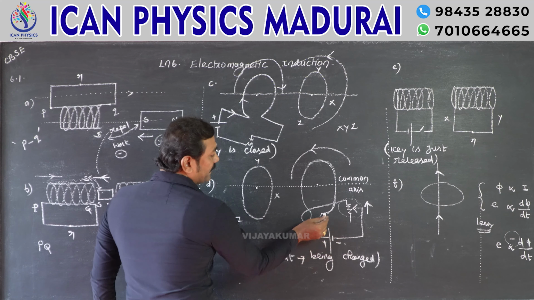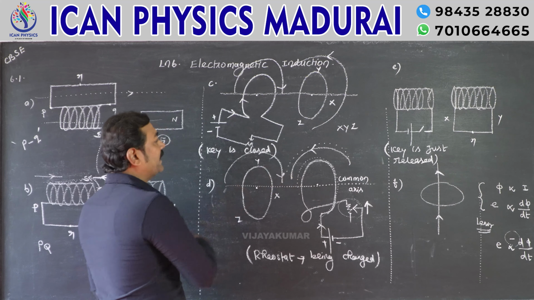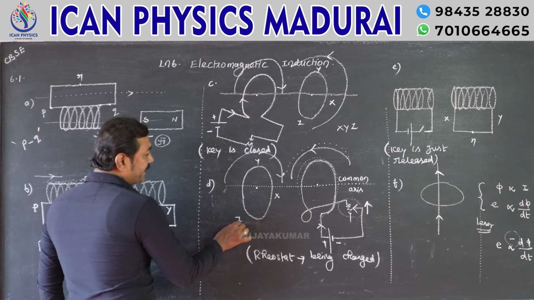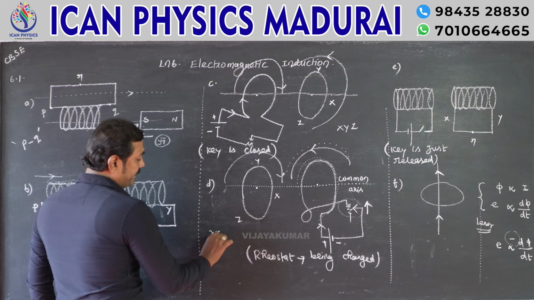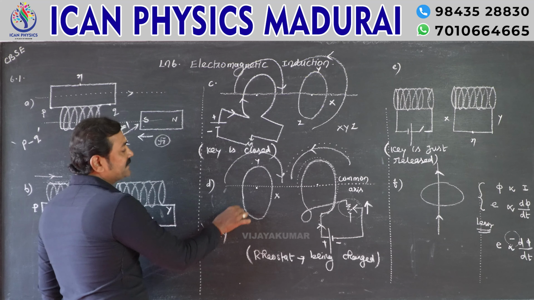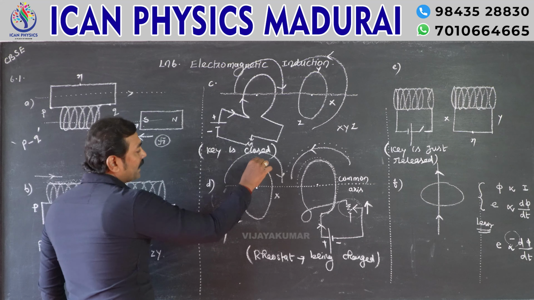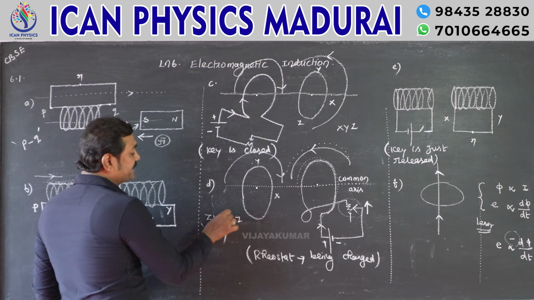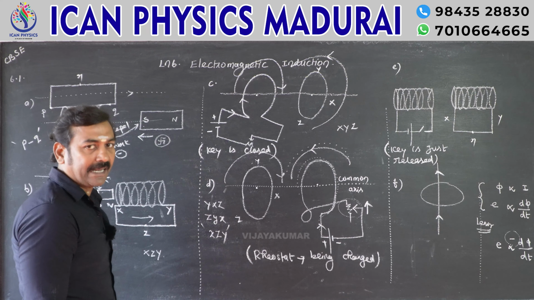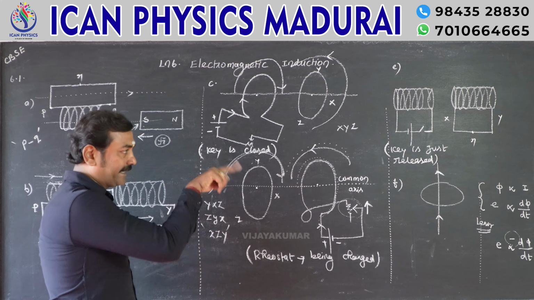So, the induced current is flowing in the clockwise direction. So, it will be X, Z, Y. Otherwise, some of them are saying Z, Y, X, or otherwise Y, X, Z. So, whatever may be the answer, it will be correct. But only one thing, the induced current is flowing in the clockwise direction.